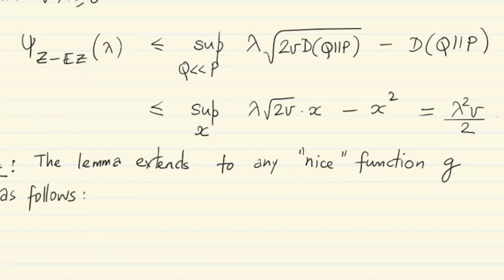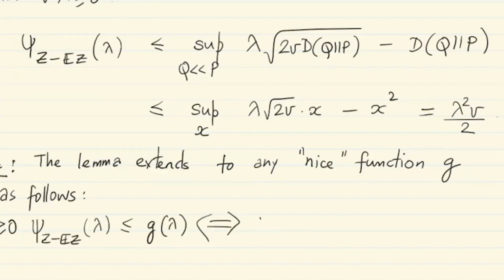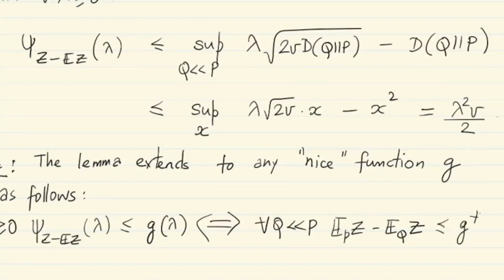So, for all lambda non-negative, if we have the log moment generating function of z minus E z being bounded by some function g of lambda, this is equivalent to the statement that for all absolutely continuous q, E_p z minus E_q z is bounded above by the dual function g star, the Legendre dual of g, its inverse applied to D(q||p).